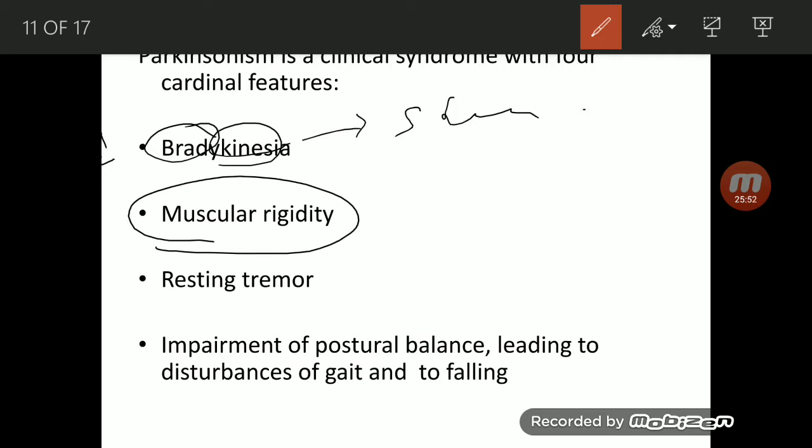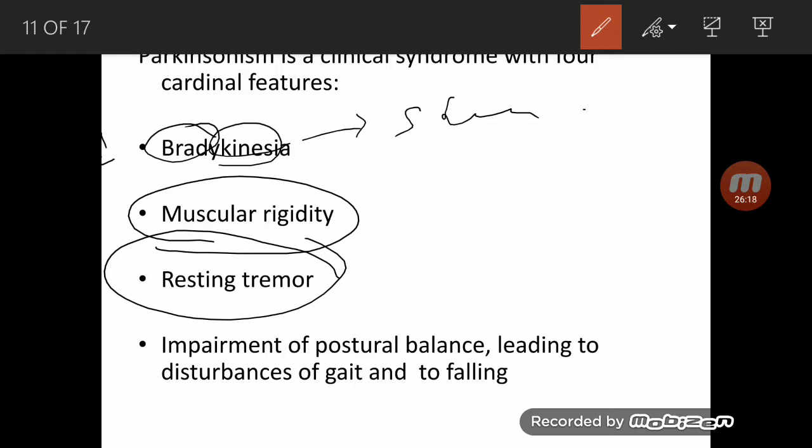Your muscles become rigid in patients suffering from Parkinson's disease. Third cardinal feature is resting tremor. Whenever a person with Parkinson's is at rest, you see his hands always shaking, his legs also shaking.